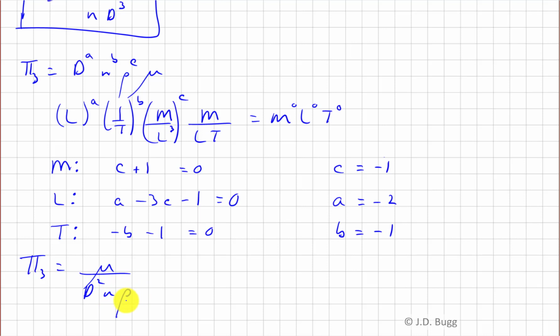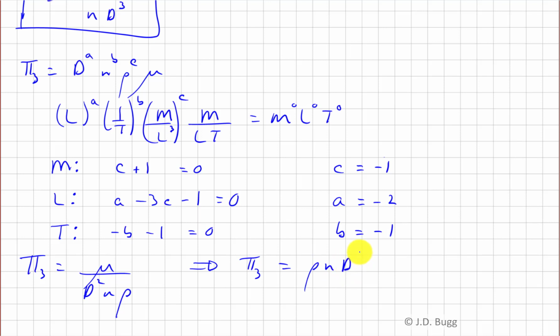Now, if we take a look at this, this is actually a Reynolds number. So what we're going to do is one of our group manipulations here to make it look more like a Reynolds number. I'm going to just invert this. And remember, we're able to do that because we can raise any group to any power we want. Well, I'm just raising this to the power minus 1.